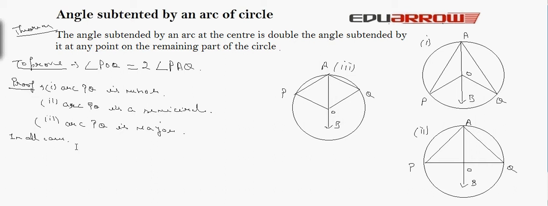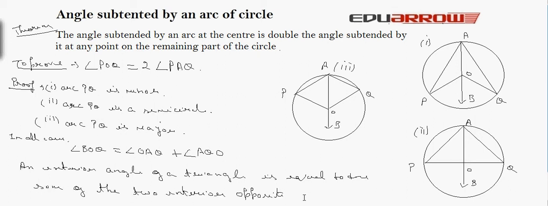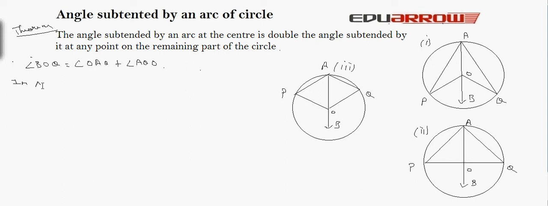So in all cases, angle BOQ is equal to angle OAQ plus angle AQO, because we know an exterior angle of a triangle is equal to the sum of the two interior opposite angles.